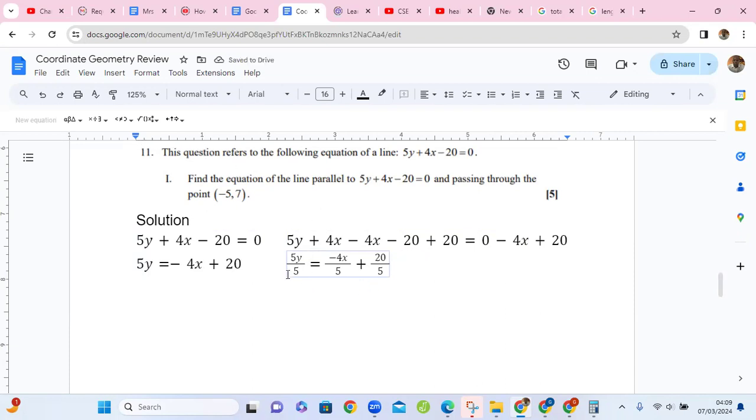So that leaves us with y is equal to -4x/5 plus 4. So the gradient of that original line is -4/5.